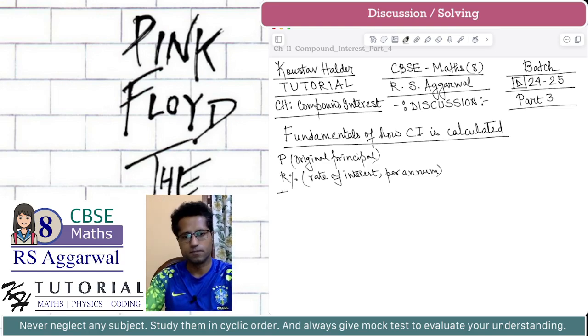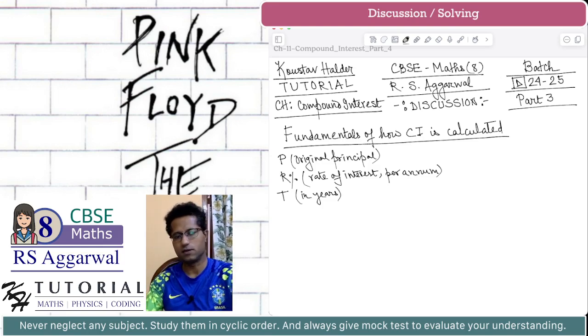You have time, t. This is always in years. Now this can be an integer, or it can also be a fraction, like 2.5 years, like 2 and 3 by 4, a mixed fraction. That is, this t will not always be an integer, it can also have some fractional part. And there are 4 parameters, and we need u.